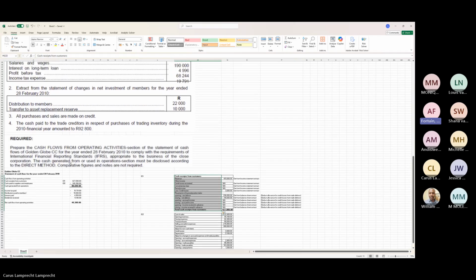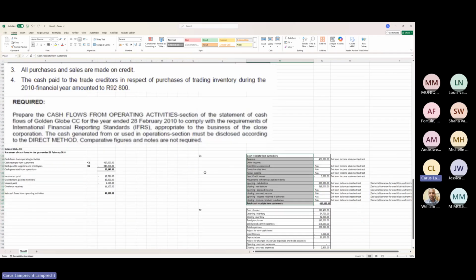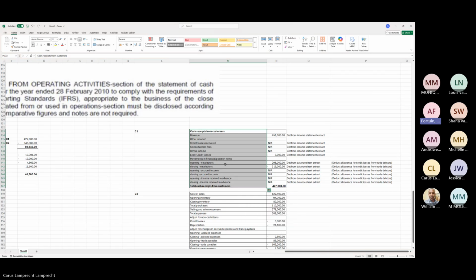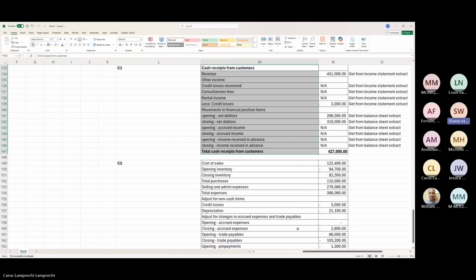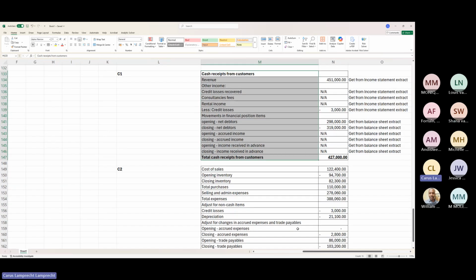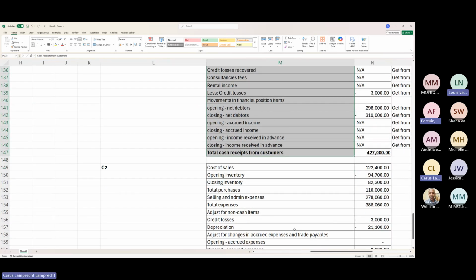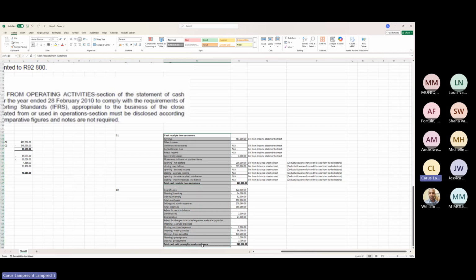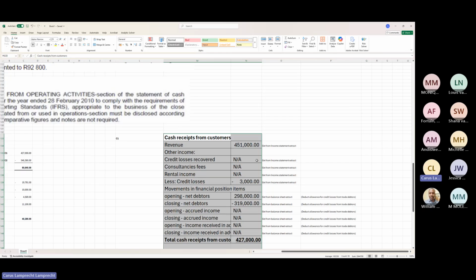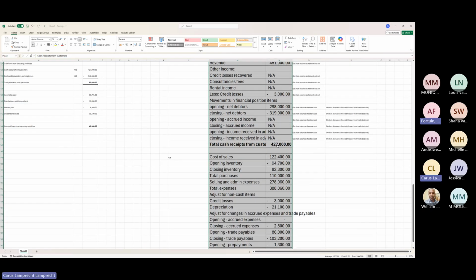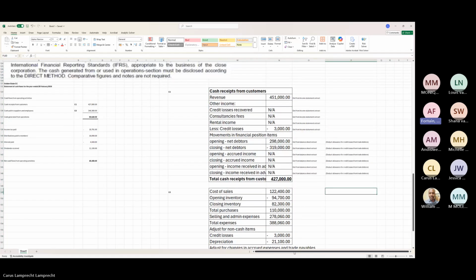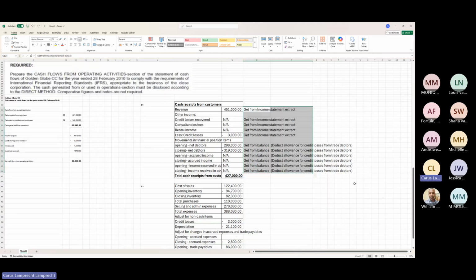Can you enlarge it? We can't see. I can't be the only person not seeing. Yeah, I'm also not seeing. Okay, I'm going to make the font a bigger size. Okay, is that better? Can we see what you're writing next to it?